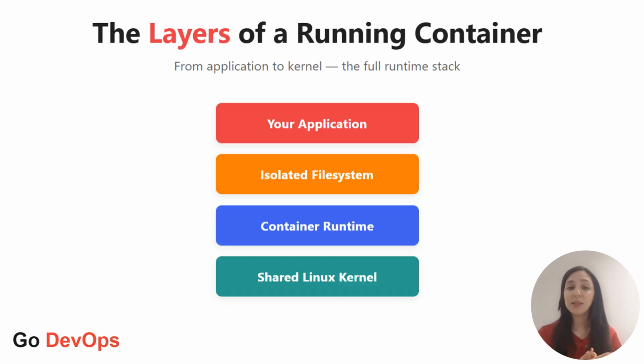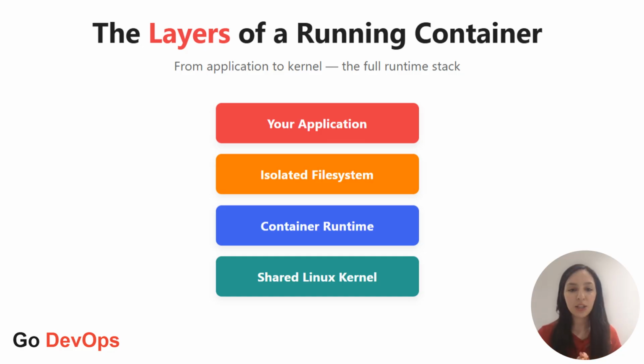So let's break down how a running container is actually structured internally. At the very top, we have your application, whether it's a web server or any executable code. That app runs inside an isolated file system. So it only sees the files that it needs, not the host file system.